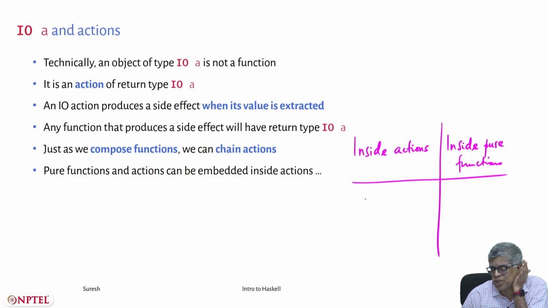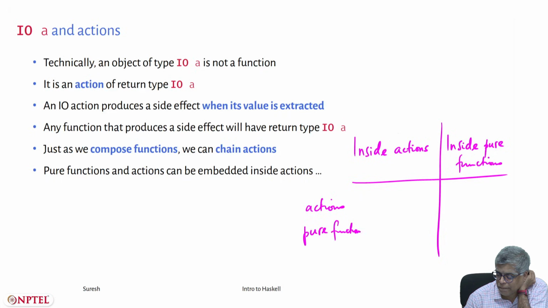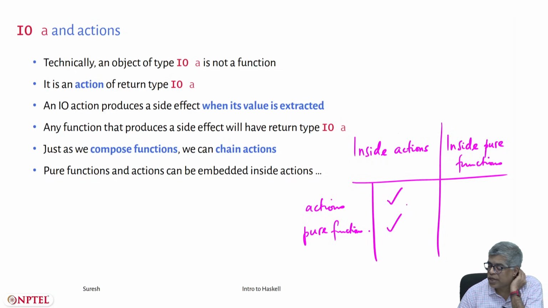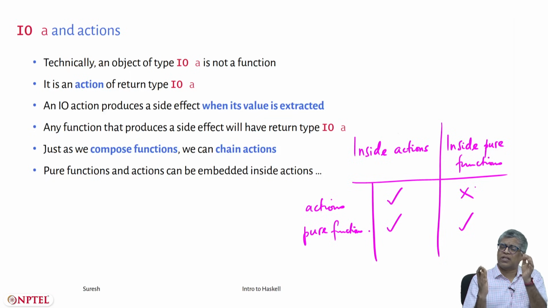So inside actions you can have actions, you can have pure functions. Inside pure functions, you can only have pure functions, you cannot have actions. Okay. The moment you embed an action inside a larger object, a function or some such, that also becomes an action. Okay. It cannot remain a pure function any longer.